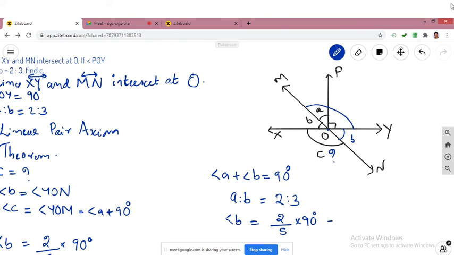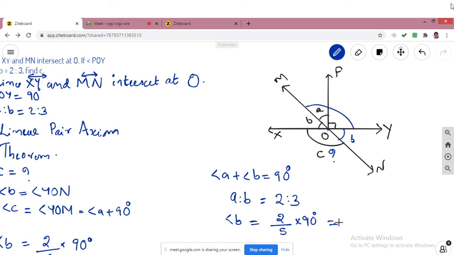So how much is angle B? Calculate and tell me. 36, ma'am. Is that 36, Ramya?